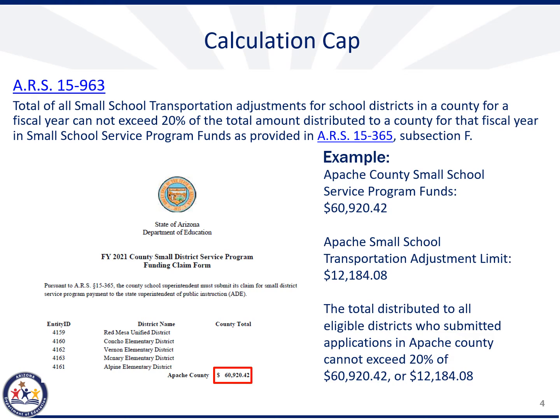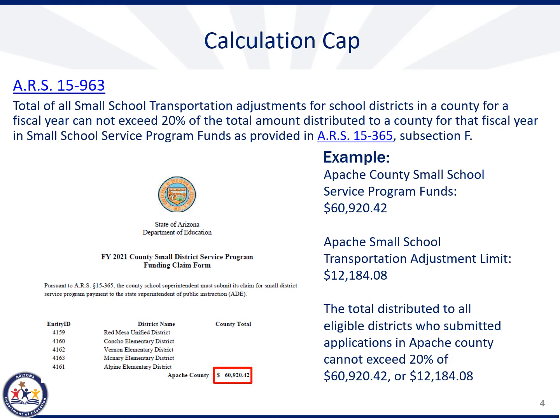Per ARS 15-963, the total of all small school transportation adjustments to all school districts in a county can't exceed 20% of the total amount of small school service program funds distributed that fiscal year to that county as prescribed in ARS 15-365. In this example, the Apache County Small School Service Program funds are $60,920.42.